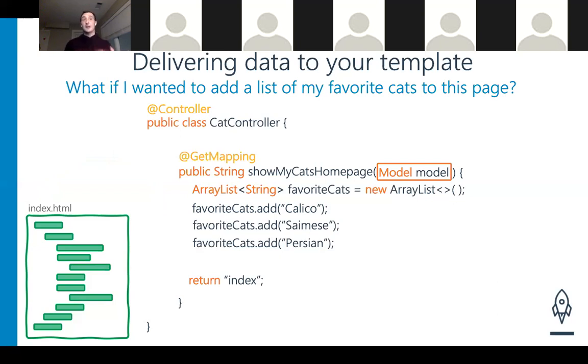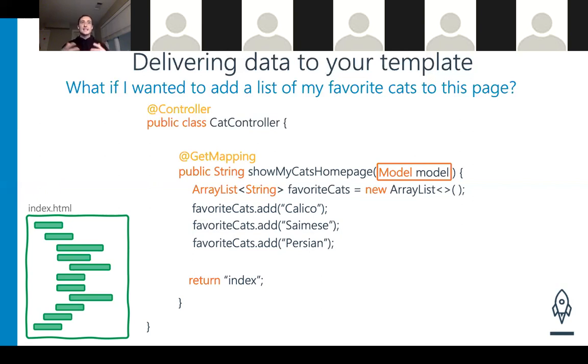This model and the models we're going to talk about in our next few lectures are not the same thing. So don't try to associate them. It's really bad naming convention. Model here, think of it more as the connection between your HTML template and Java. It is that messenger between the two. And we're going to see how that exactly works.